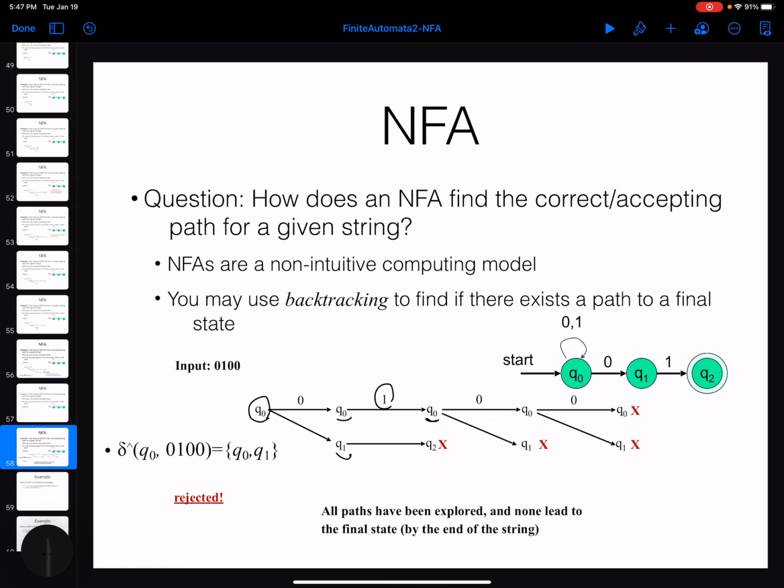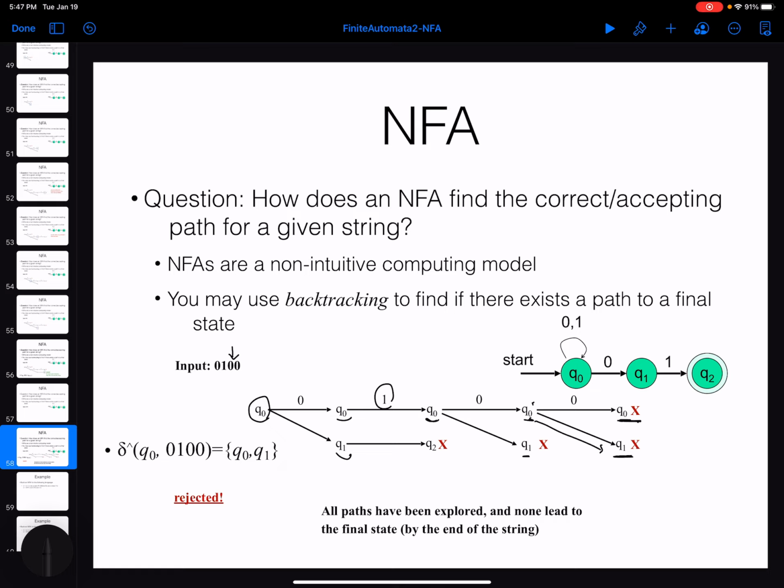At Q0, again, you will see the input symbol 0. There are two options, either stay at Q0 or go to Q1. Let me complete this path from Q0. By seeing a 0, you have two options, either stay at Q0 or go to Q1. You can see that this path is going to reject the string, right? So I will backtrack here and then follow the other path.